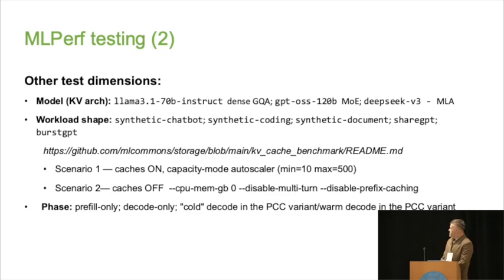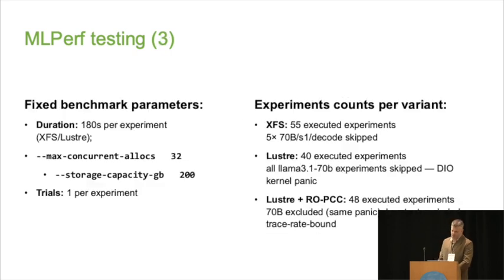And for the solution with PCC enabled, I ran tests twice. There are some fixed parameters. I set max concurrent allocation to 32. I had 1 trial per experiment because I had limited time. And I also have a different number of experiments for each configuration.